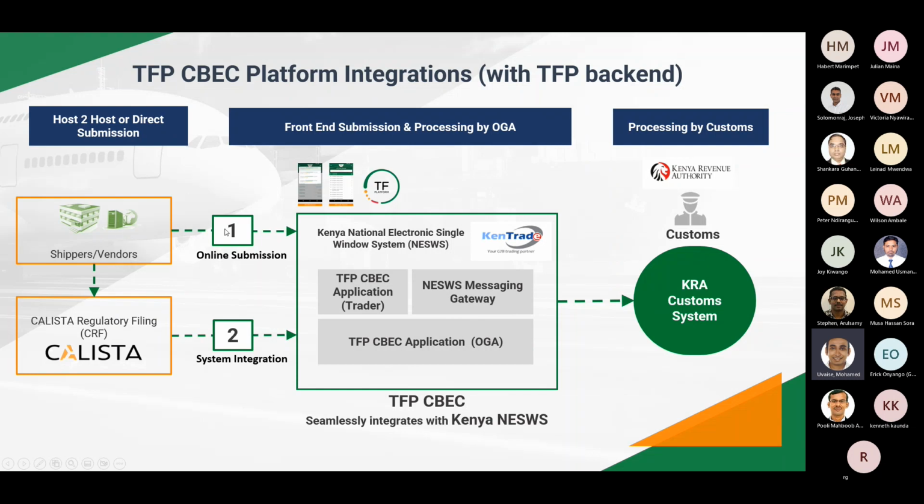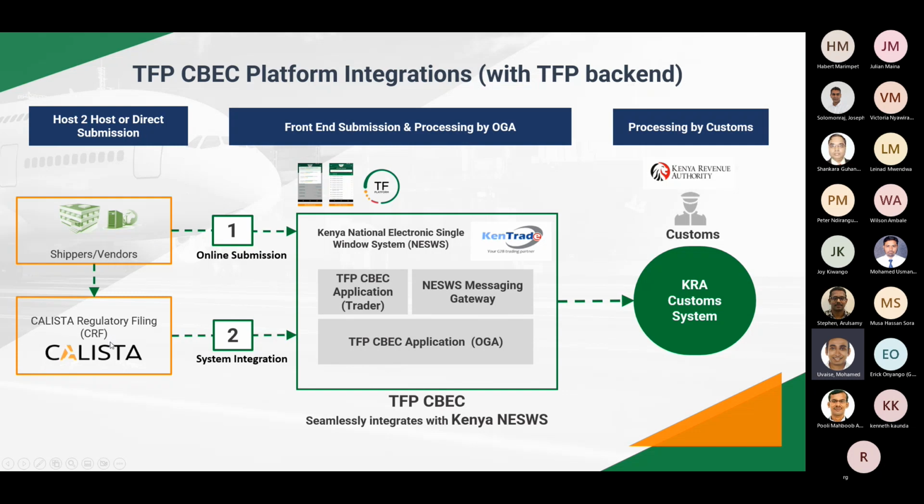They could submit online through the portal, or through a mobile application, to the Kenya single electronic window, of which this CBEC module could be a part. If there are certain vendors who need system integration, where they would want to push their data in their own formats, then we also have a facility.